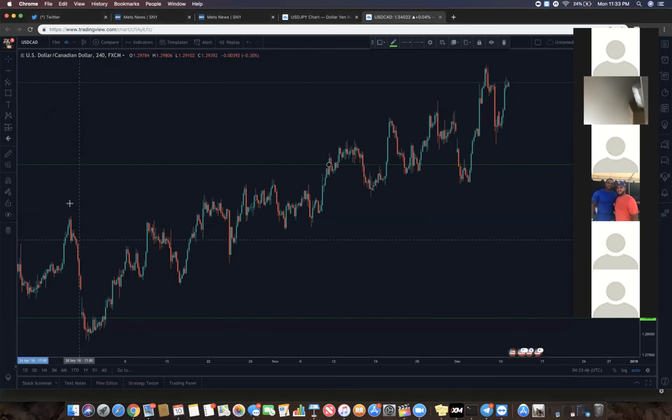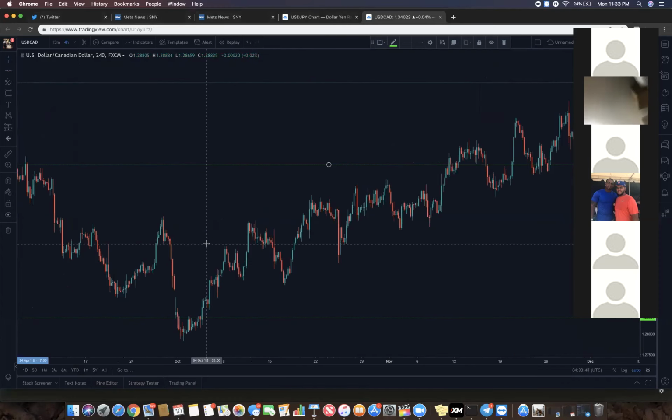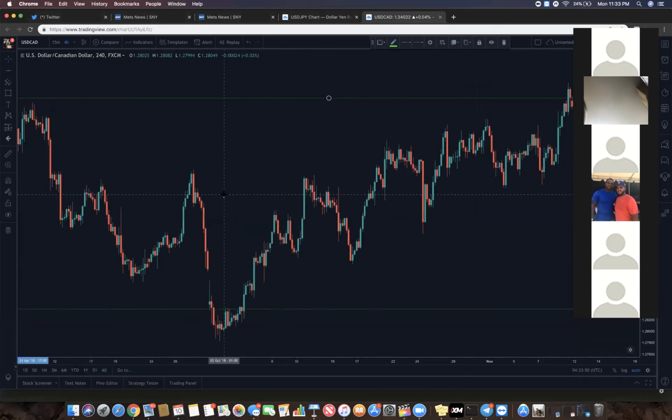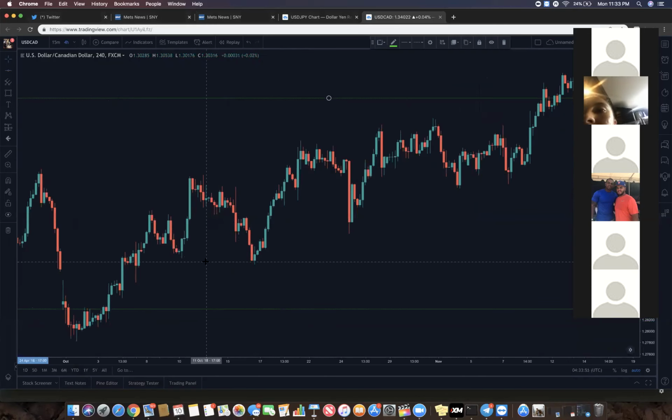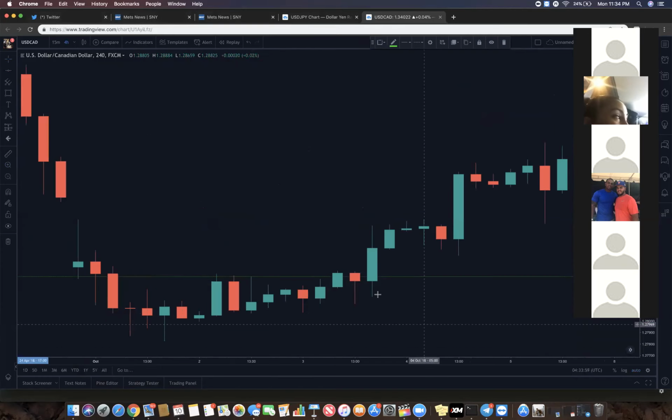So what we're looking for is a candlestick that fits the criteria: it's in support, it has little to no upper wick, right? And it has a long lower wick. So I'm going to identify a few of them here for you guys. Here's one.